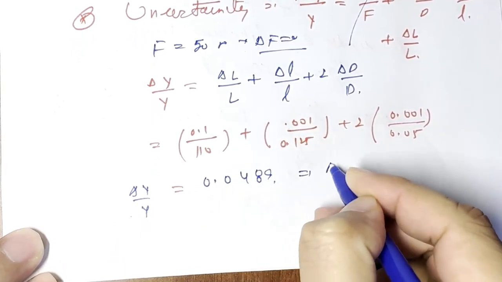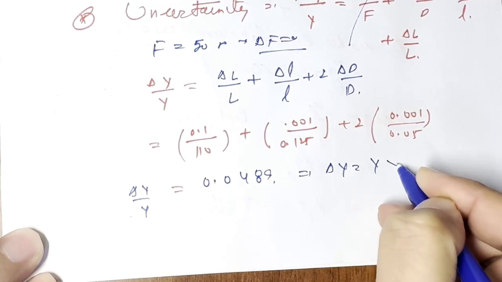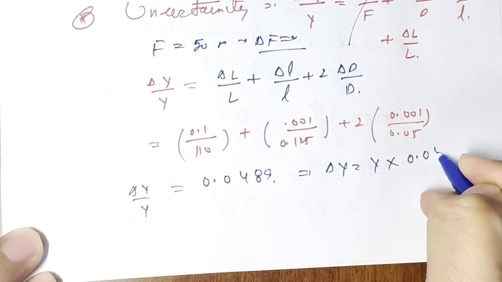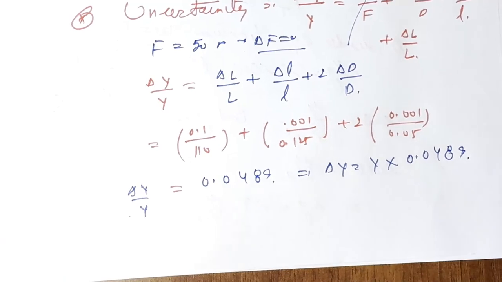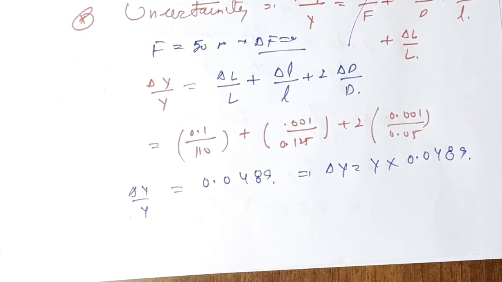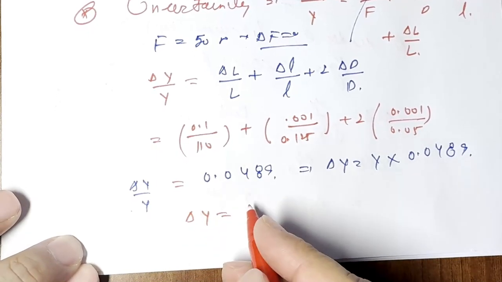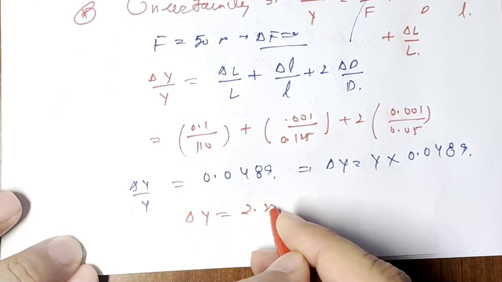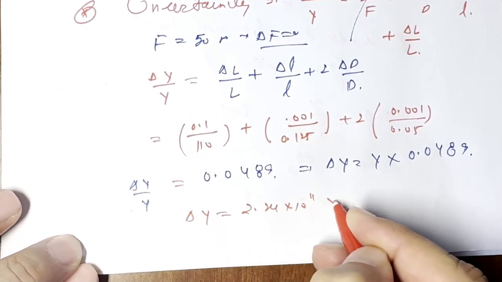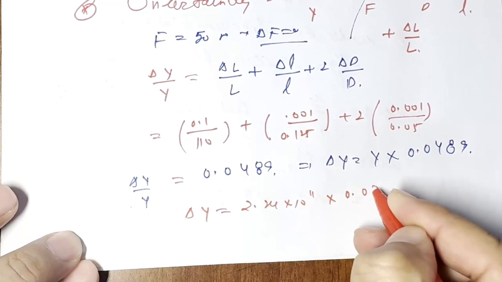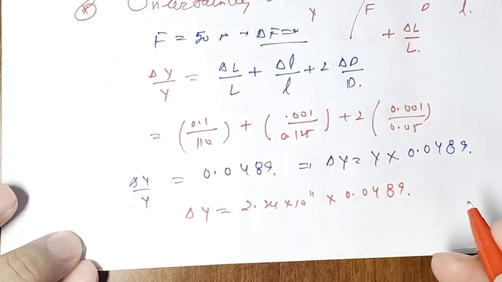So from here we can say our delta Y will be equal to Y multiplied by 0.0489. We just calculated our Y, so we substitute it here. We get delta Y equal to 2.24 times 10 to the power 11 multiplied by 0.0489.